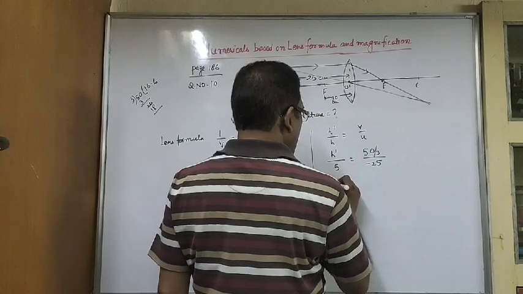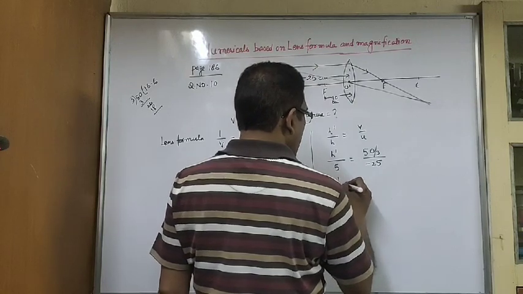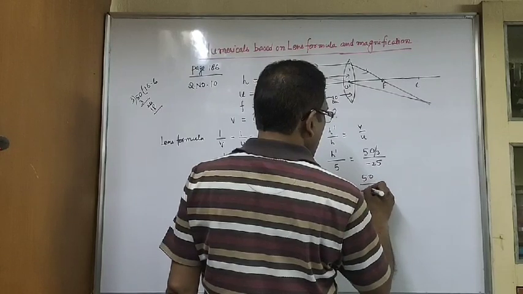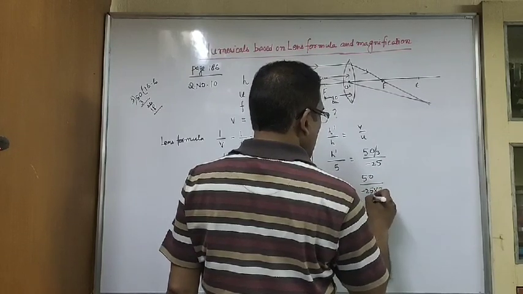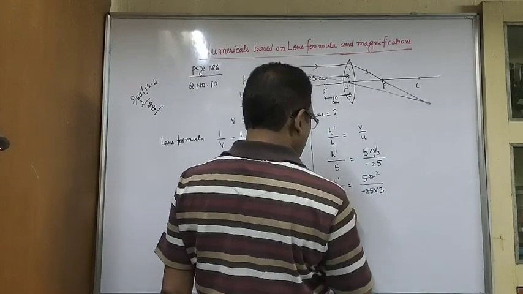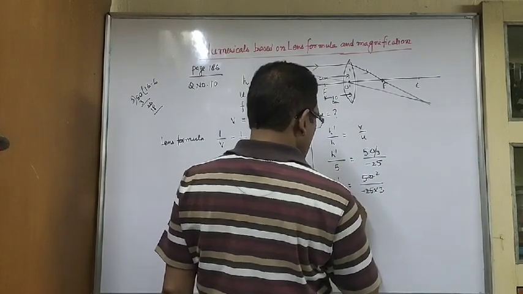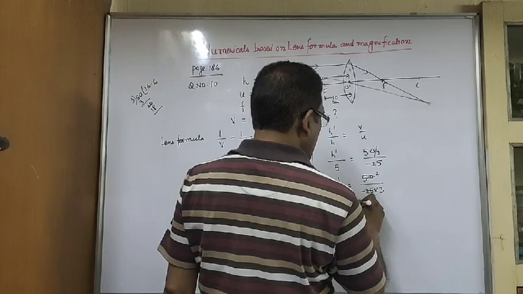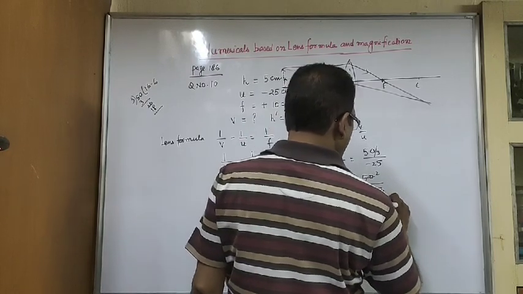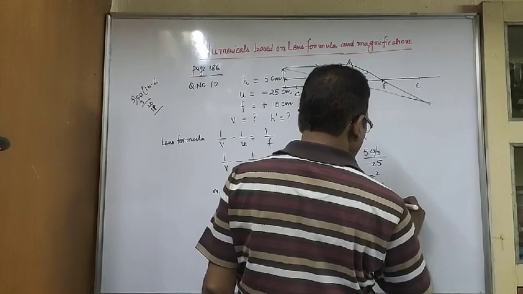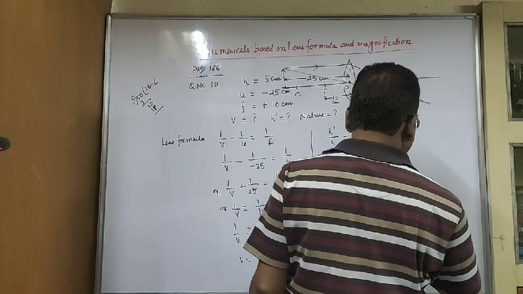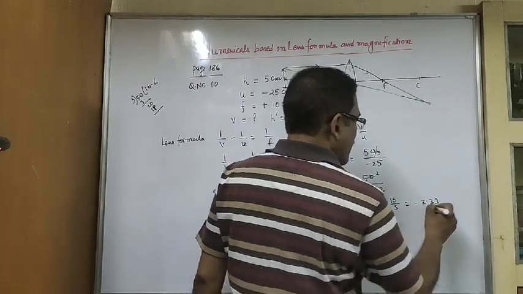So h dash by 5 is equal to 50 by minus 25 into 3. So we can cut it. So it will be 5 into 2 by minus 3, so minus 10 by 3. So you can say minus 3.33.